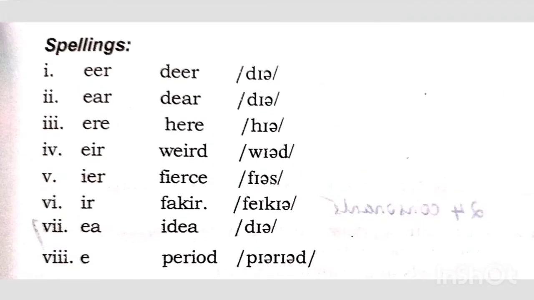We have to observe the spellings also. In the word deer, the three letters EER stand for ear, and R is silent.